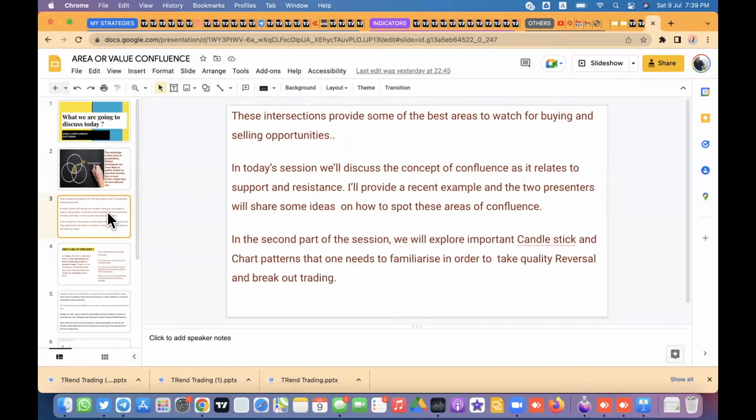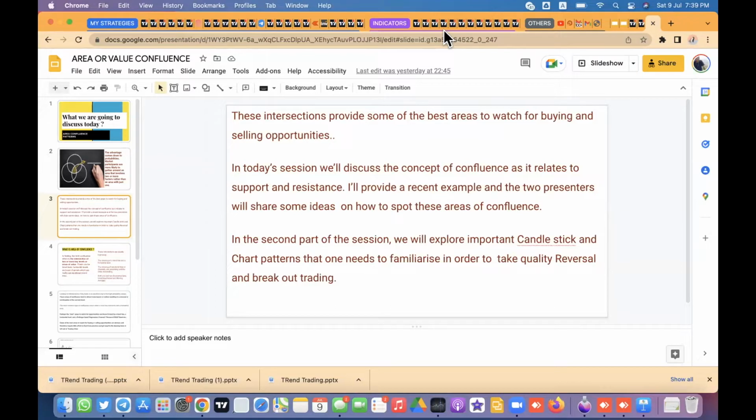So what we are going to discuss today, mostly one area is the support and resistance, and what it really means, which Mr. Ganesh is going to talk about in detail.